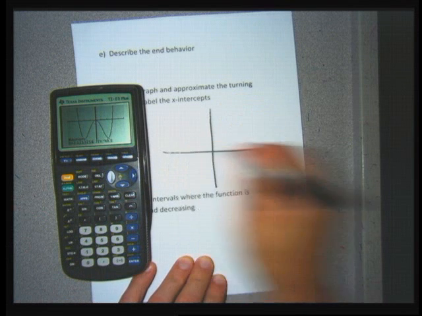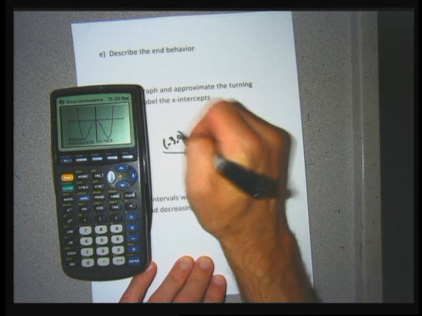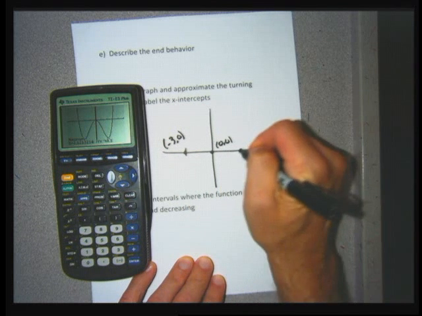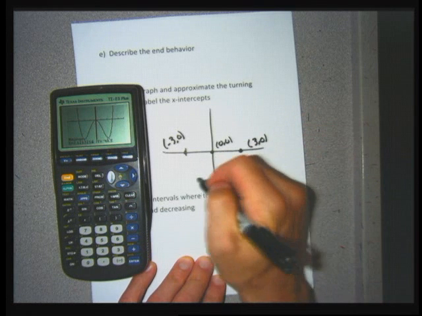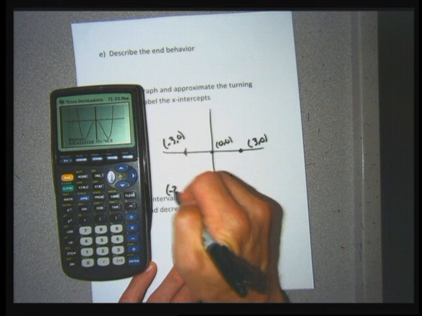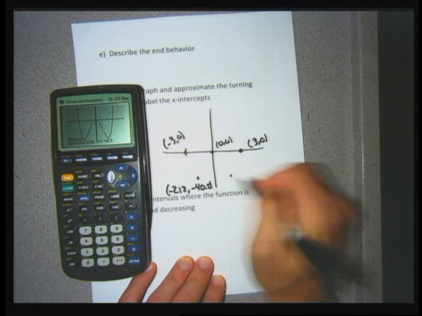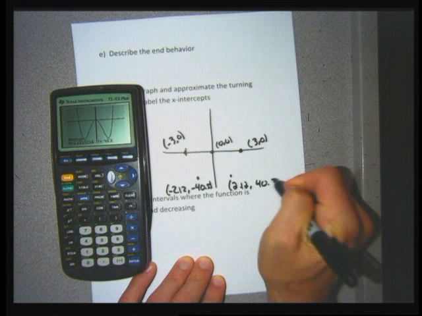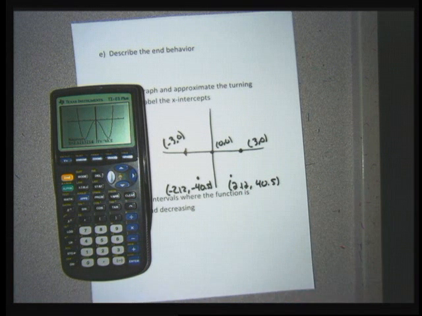So when I go to sketch this graph, I need to see the points (-3, 0), (0, 0), (3, 0), and then these low points at (-2.12, -40.5) and (2.12, -40.5). And now I'm just going to copy that more or less. So it goes.